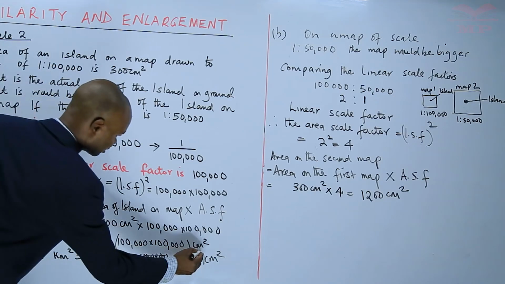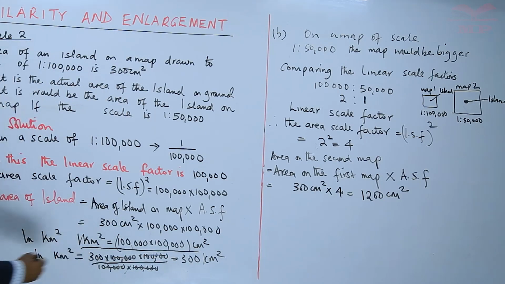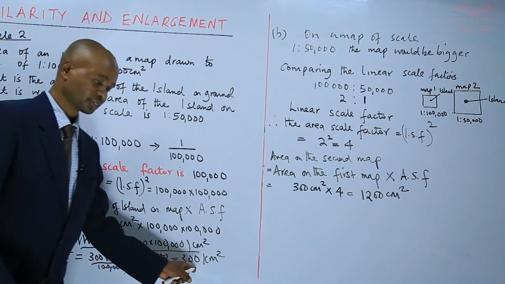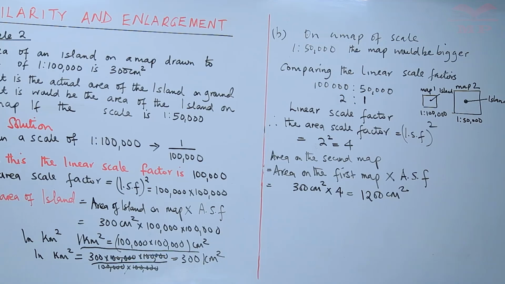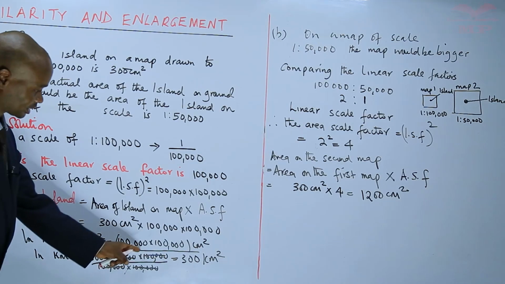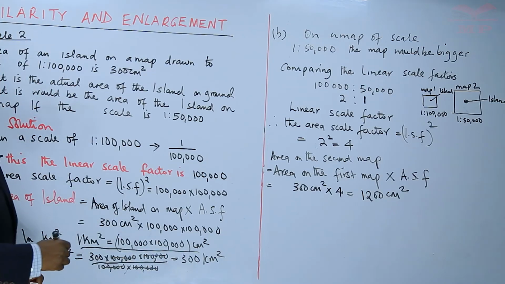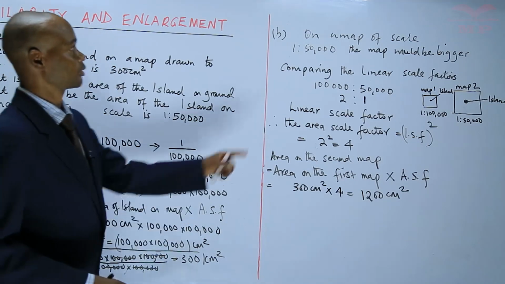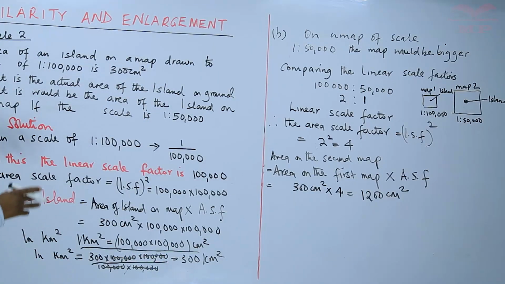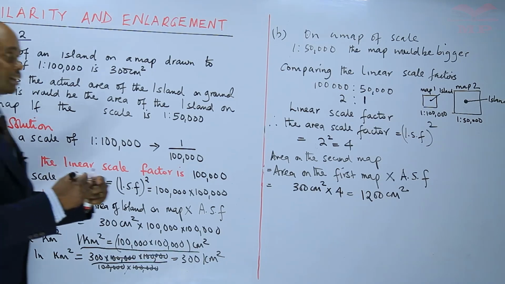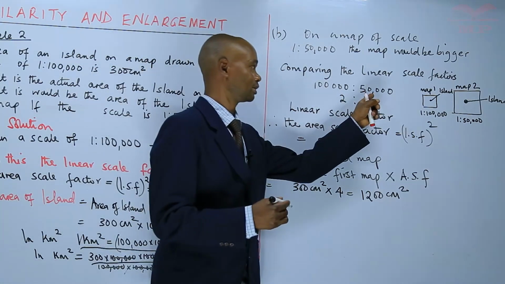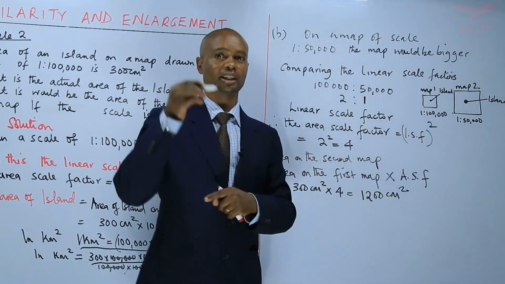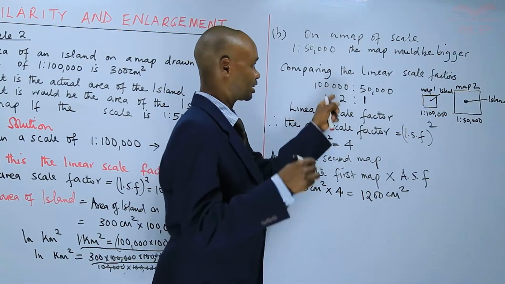You could have ended there, but it's a very big number, so usually we convert to kilometers to reduce the zeros, and found 1 kilometer is 100,000 times 100,000 square centimeters. When we came to the second part, the map is drawn to a different scale. The smaller that number, the bigger the map. The bigger that number, the smaller the map.